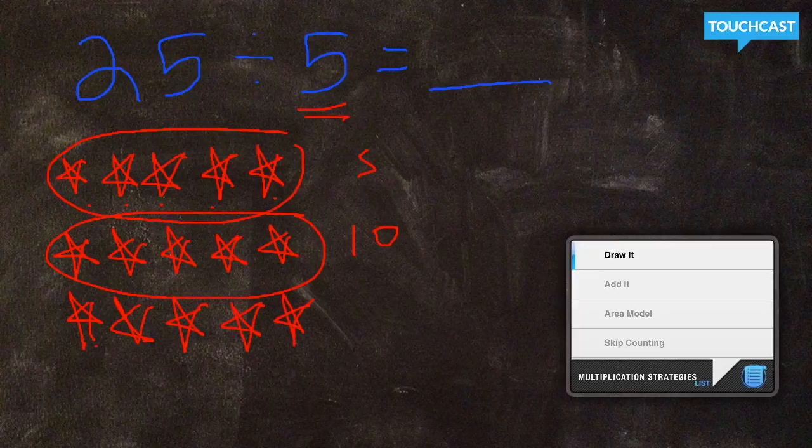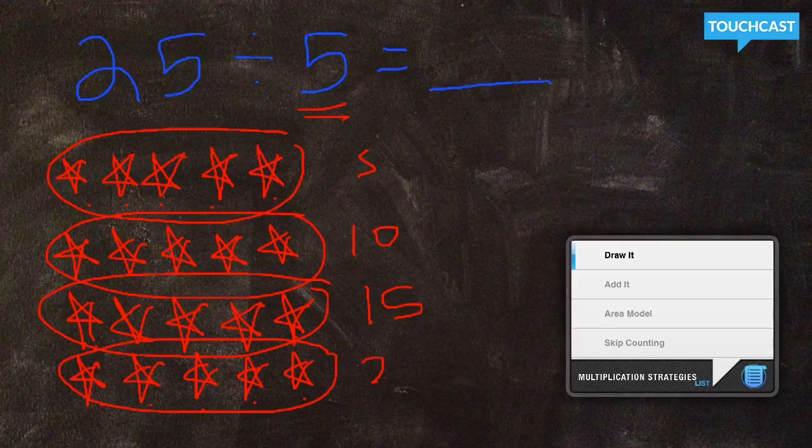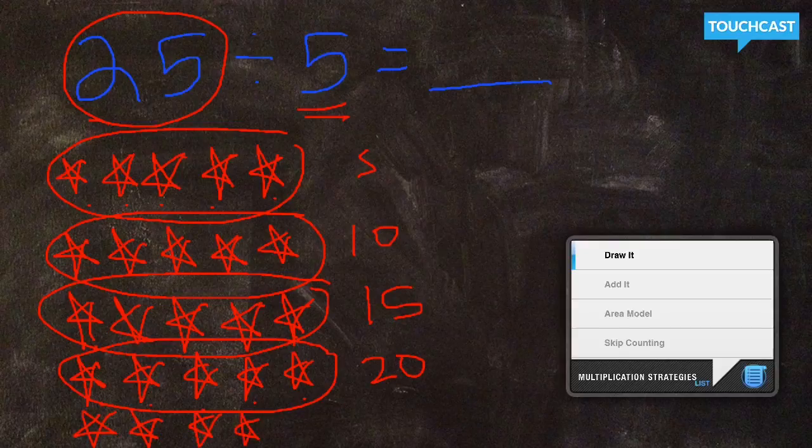Let's make sure there's 5. 1, 2, 3, 4, 5 in that group. 15, and we're trying to count up to 25 total stars. 1, 2, 3, 4, 5. So far we have 15, 16, 17, 18, 19, 20 stars. And remember, we need to make 25 stars. 1, 2, 3, 4, 5.